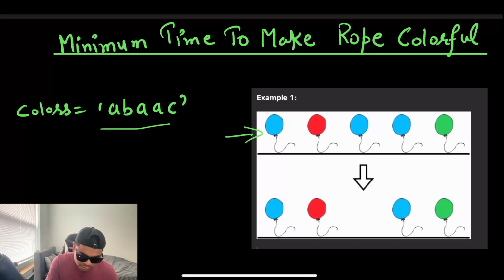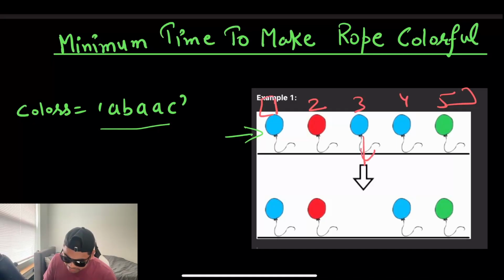So they have removed this one. Why? Because in the needed time array they have given us, this is 1 2 3 4 5, the time it takes to remove each balloon.